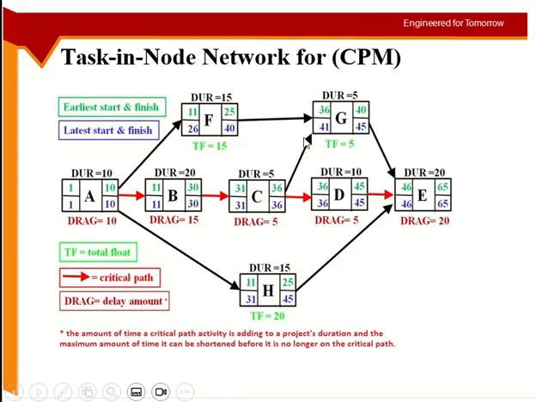Now if I go for 36, I'm satisfying this one and this one both. Because from here I was getting 26, so after 26 any day is fine. But before 36 I will break this rule. I will break the condition of this arrow. So I have to put 36 here.